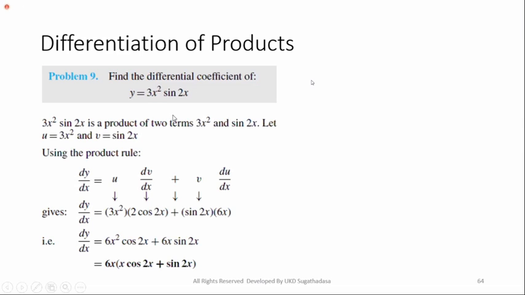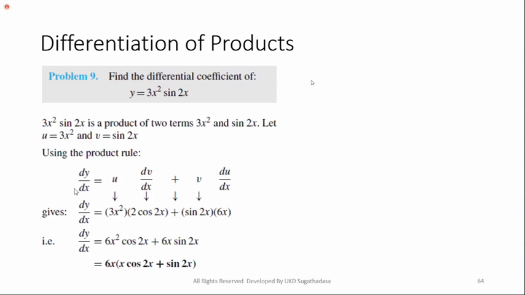See the product of the two functions. 3x squared is one function and sin 2x is the other function. We take u as 3x squared and v as sin 2x.